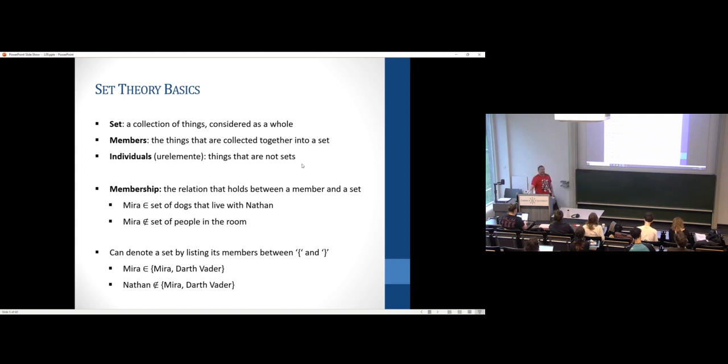So Mira is a member of this set that has her and Darth Vader as members. Nathan is not a member of that set. I'm not in that box. I'm not in that bucket. So again, membership means to be one of that group, be in the group, be an element in the set. So this is one of the fundamental relations for set theory, membership, to be a part of it, to be an element of a collection.